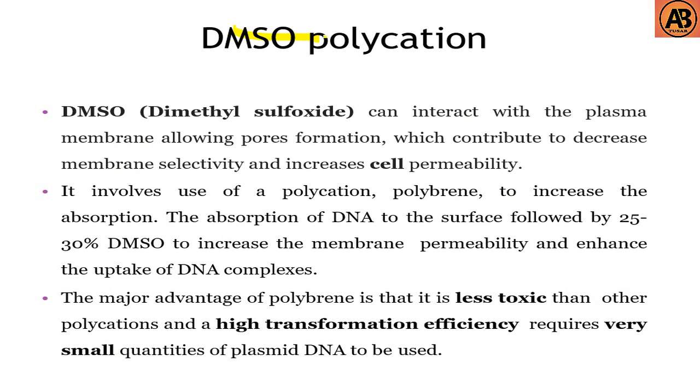Then DMSO polycation. DMSO, dimethyl sulfoxide, can interact with the plasma membrane, allowing pore formation, which contributes to decreased membrane selectivity and increased cell permeability. It involves use of the polycation polybrene to increase the absorption.